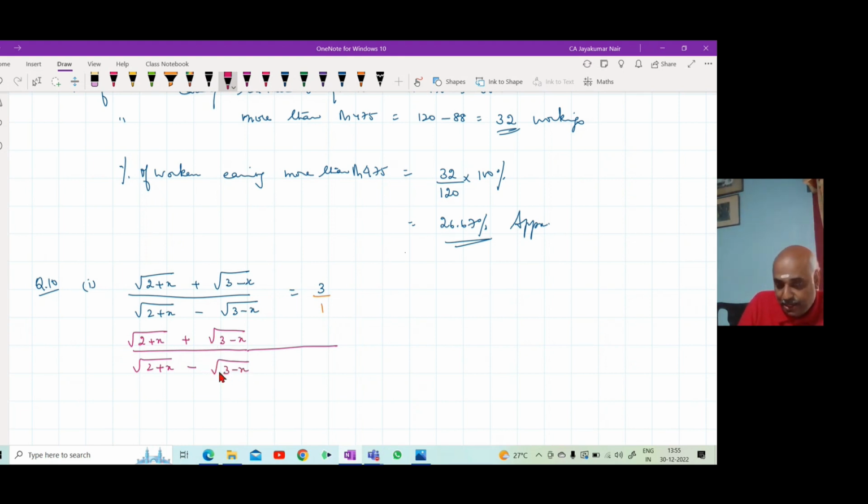This is the numerator and denominator. We know the numerator plus the denominator. So plus the denominator is root of 2 plus x minus root of 3 minus x.